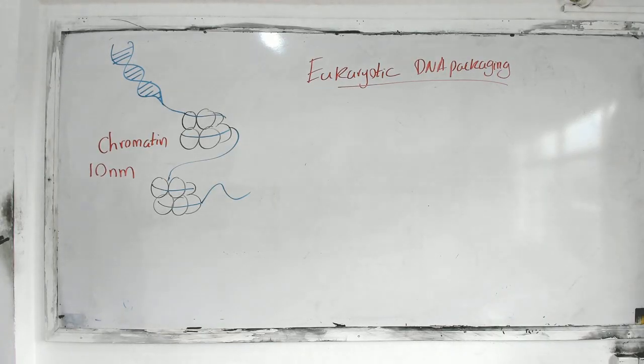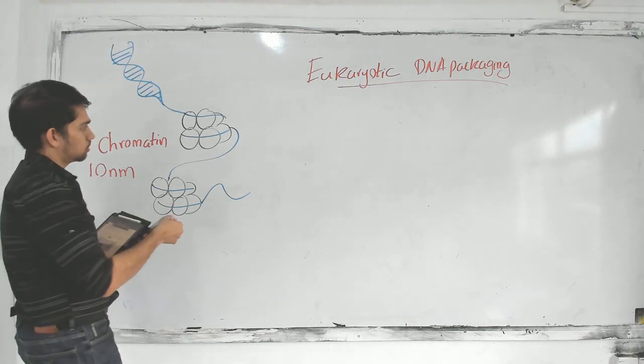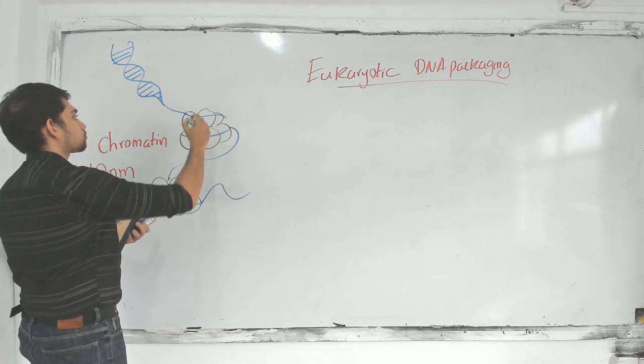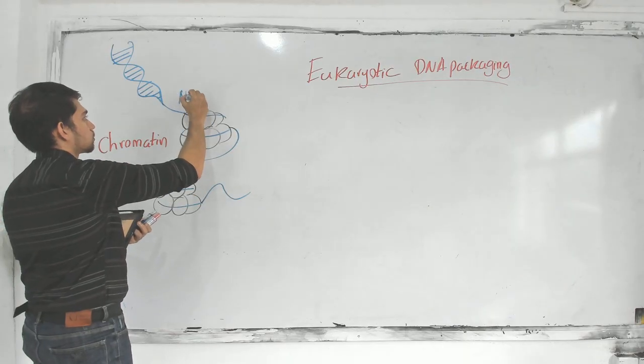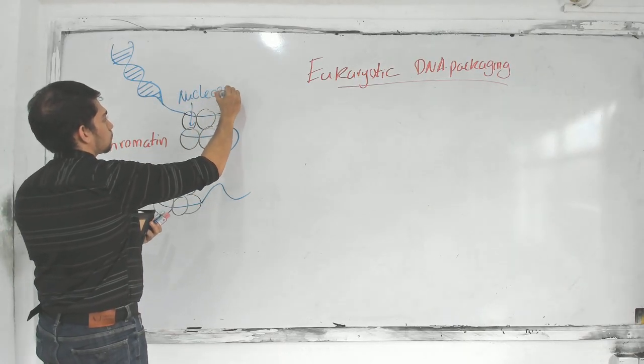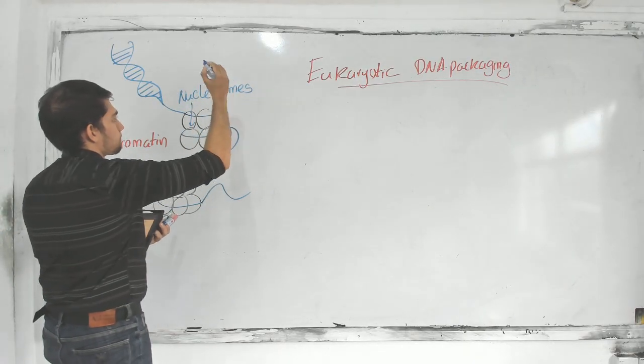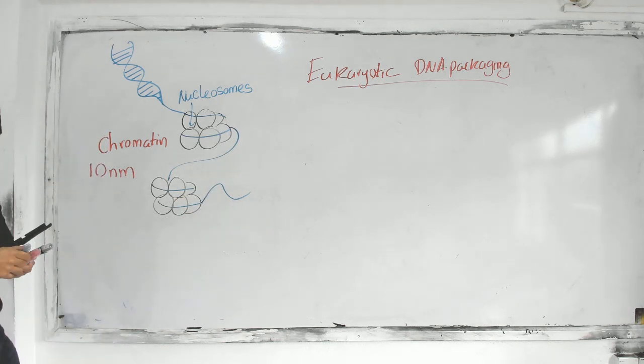Okay. Then what's going to happen is, what are these individual things? These are nucleosomes. Okay, level 1 done.